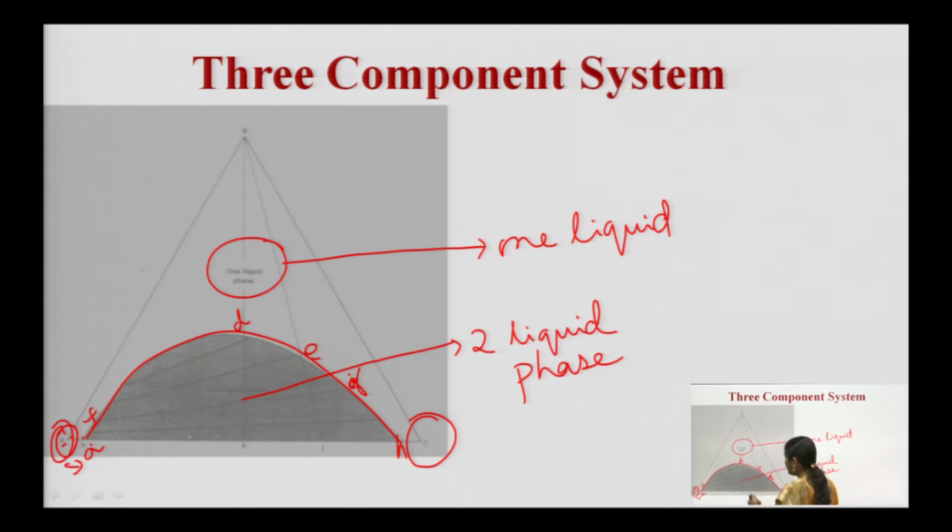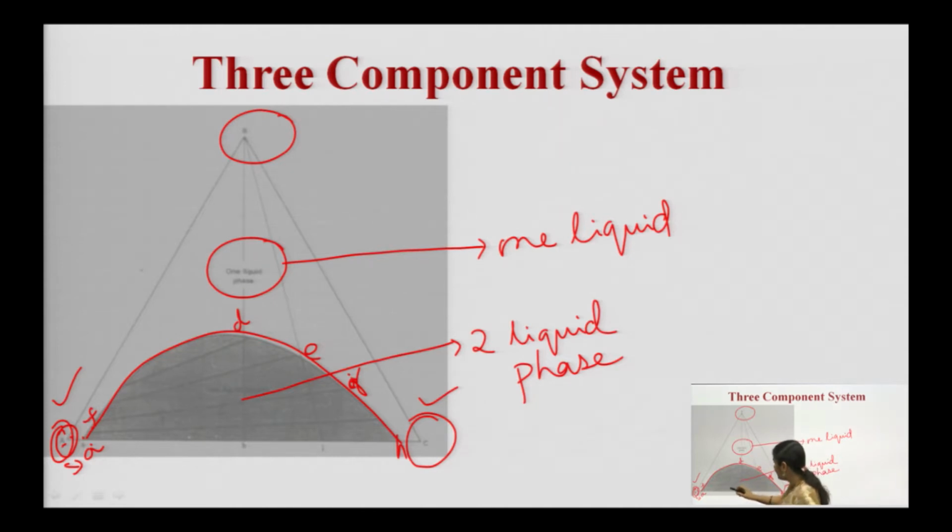The condition applied is that B is miscible with A as well as with C. Now, we can create an analogy with the phenol and water system, where temperature was used, whereas here a third component or solvent is used to make them miscible.